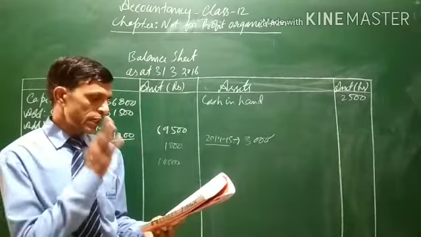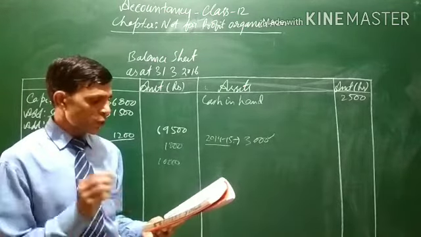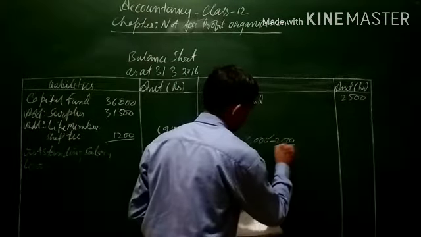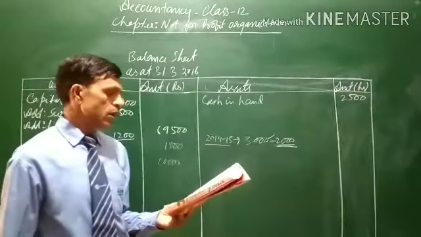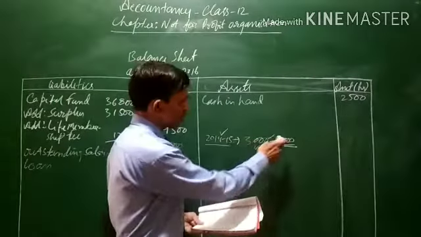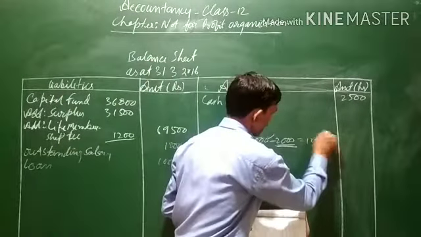Now, what is given in the receipt and payment account is that for the year 2014-15, out of this 3,000, 2,000 has been received. So 1,000 is still outstanding.